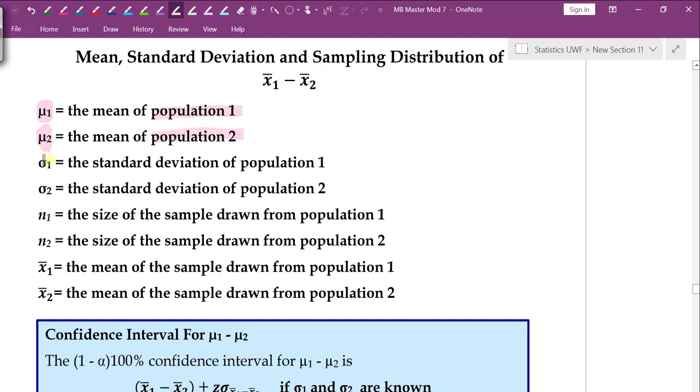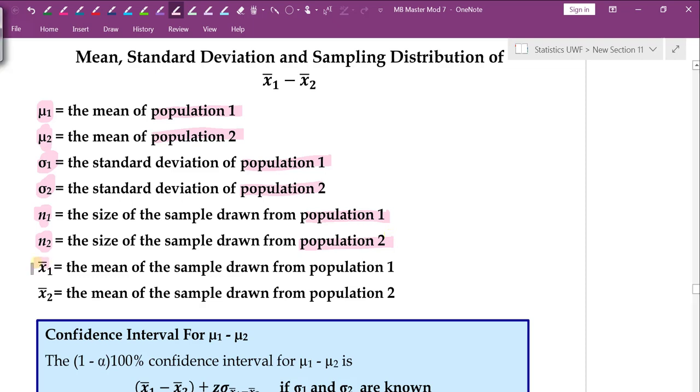We're going to have a standard deviation for population 1 and a standard deviation for population 2. We're going to have a sample size from population 1 and a sample size from population 2. Sometimes we don't end up with the exact same sample size for both populations.